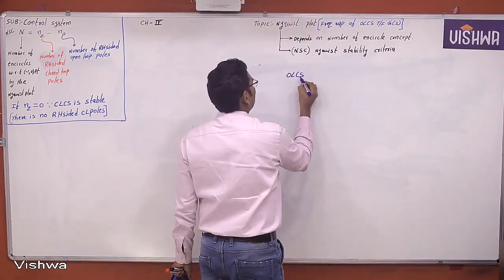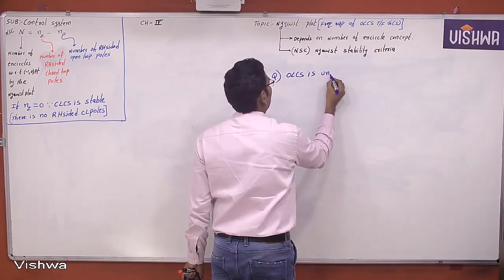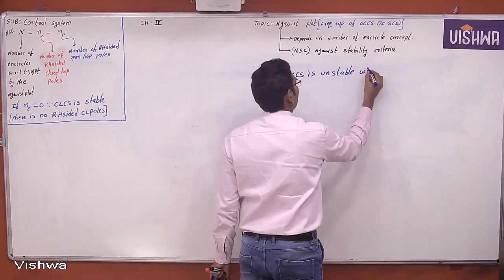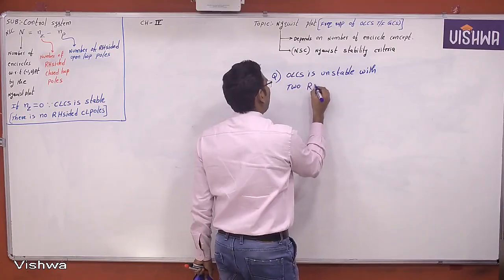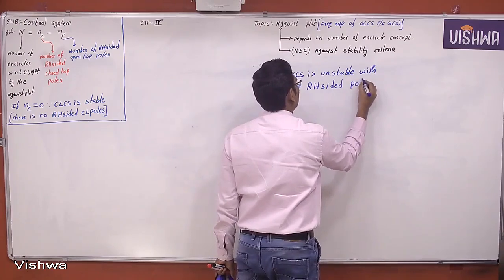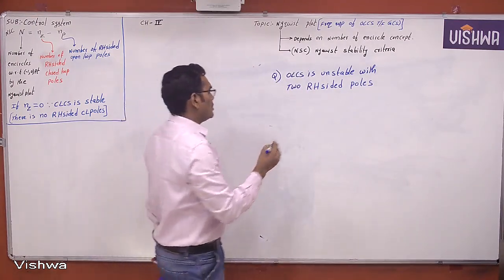The open loop control system is unstable with two right hand sided poles.